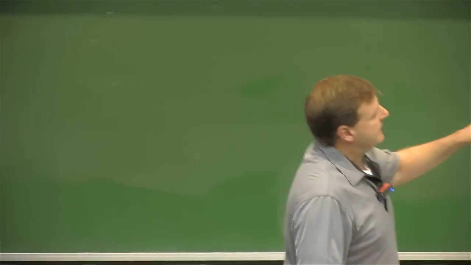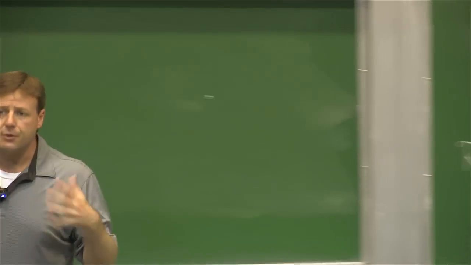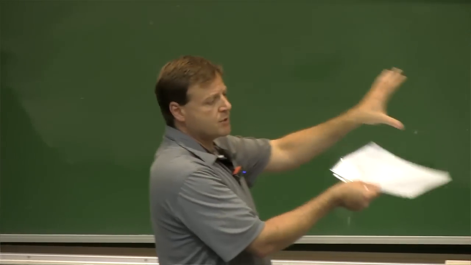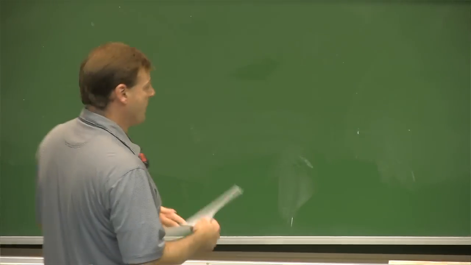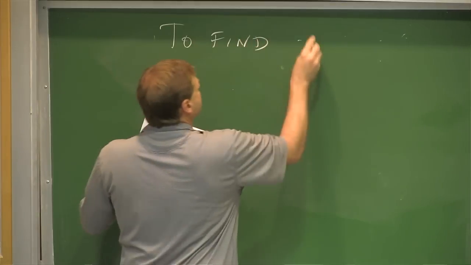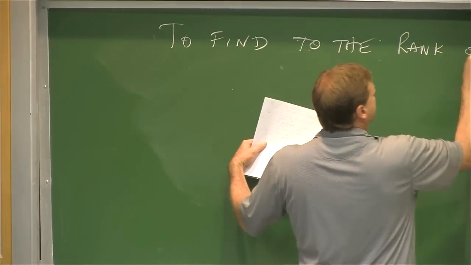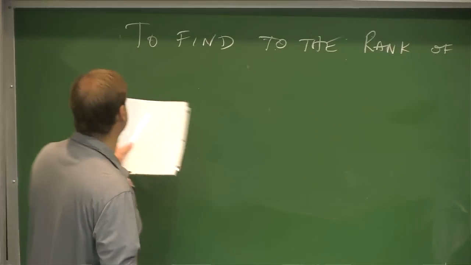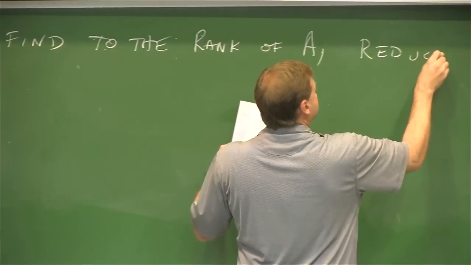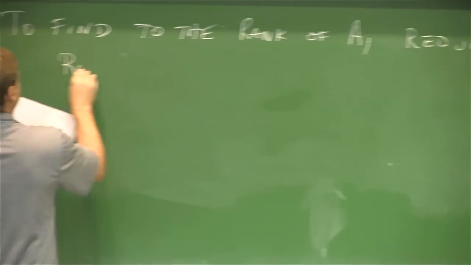So this rank idea, discovering what the rank of a matrix is, basically just boils down to reducing it to row echelon form, which is something we already know. It's just we're adding this new concept. It's a new application of the row reduction. So to find the rank of A, this is your recipe: reduce A to row echelon form.